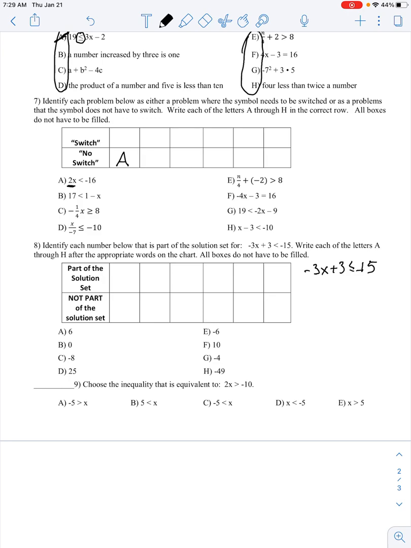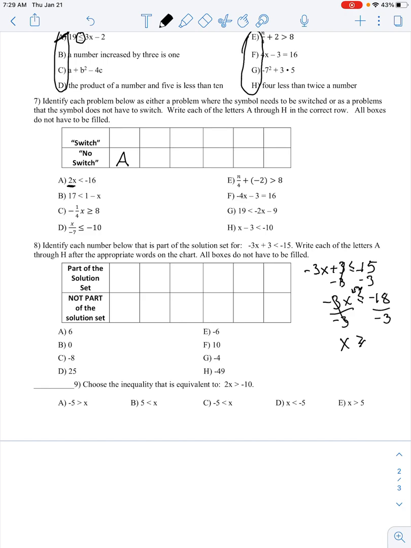Negative 15. Alright, so to solve this, start by subtracting 3. Negative 3x is less than or equal to negative 18. Divide by negative 3. Divide by negative 3. And we get x, so we divided by a negative, right? So we need to switch our sign here.